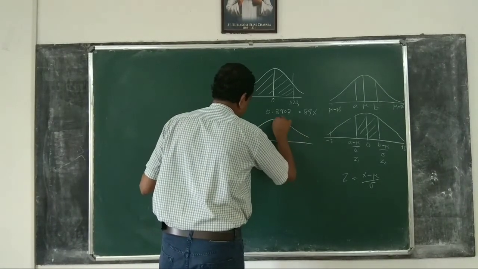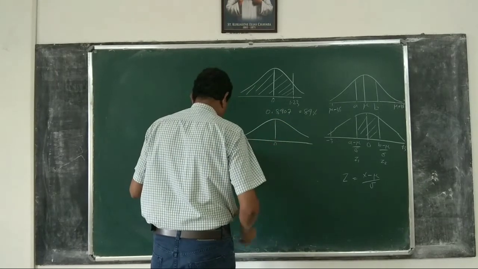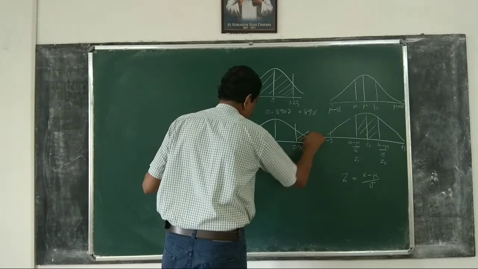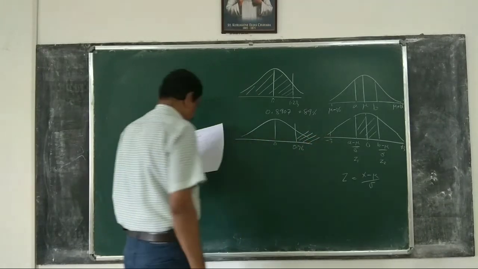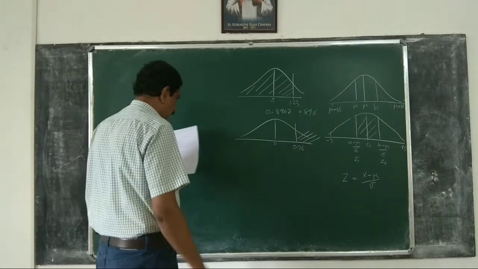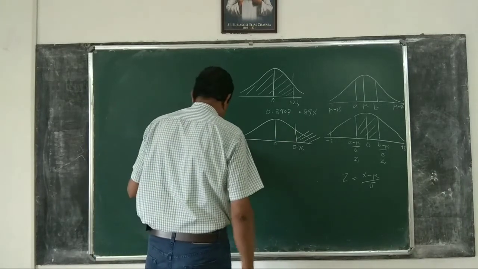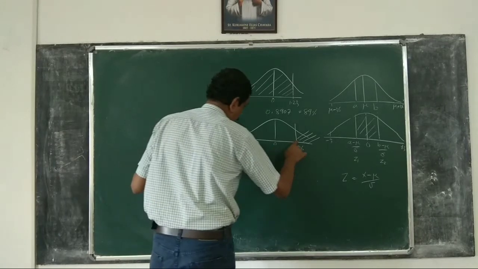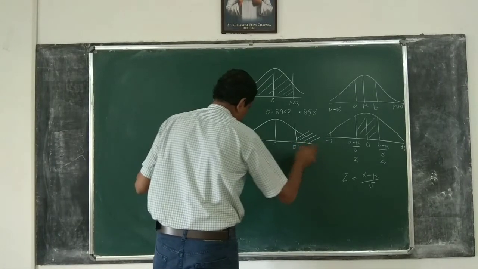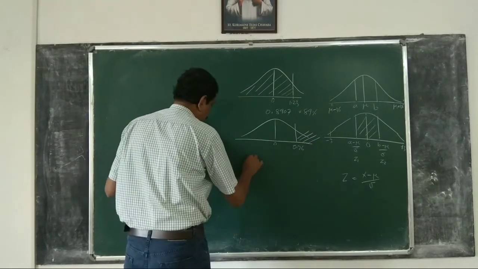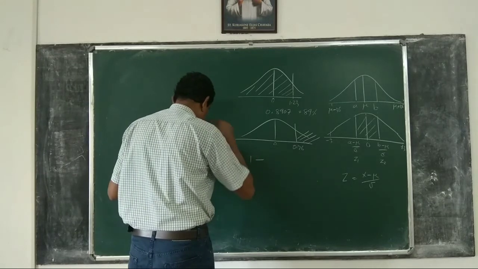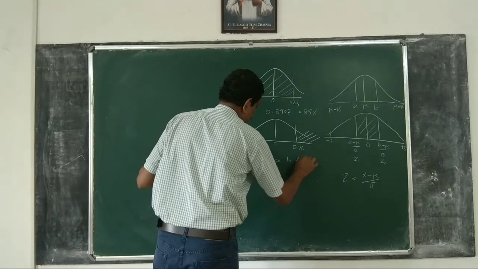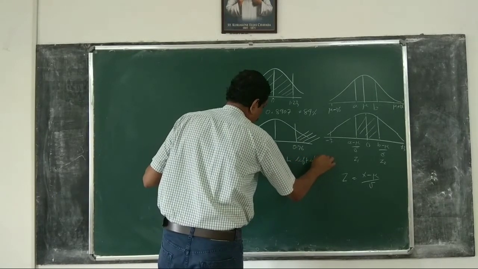Now, how to determine area? Suppose this is the standard normal distribution. We want to find out the area to the right of 0.76, this area. Now, the total area under the standard normal distribution is 1. So, to calculate the area to the right of 0.76, we calculate it as 1 minus area to the left of 0.76.